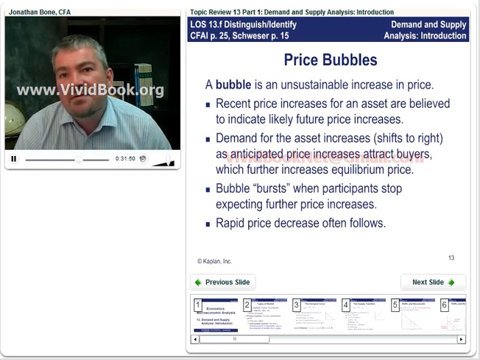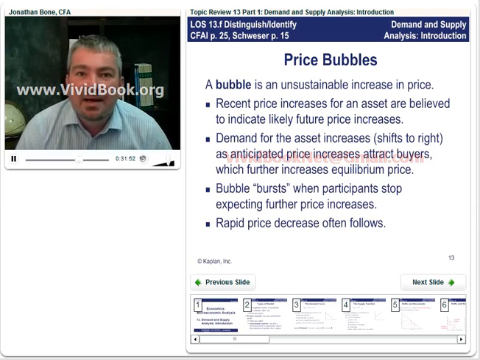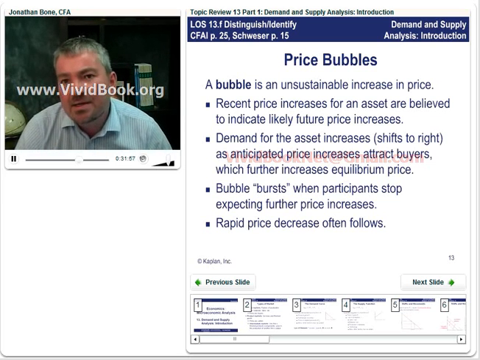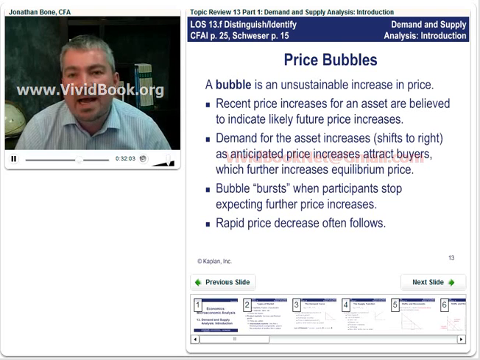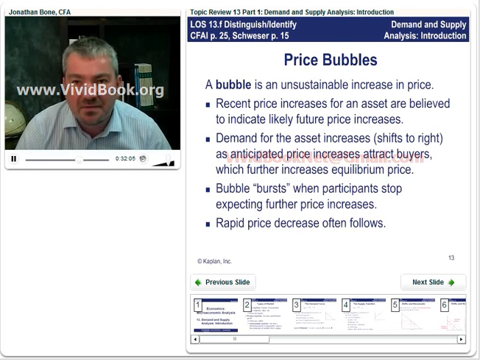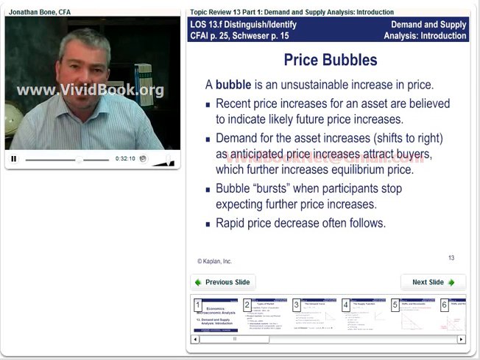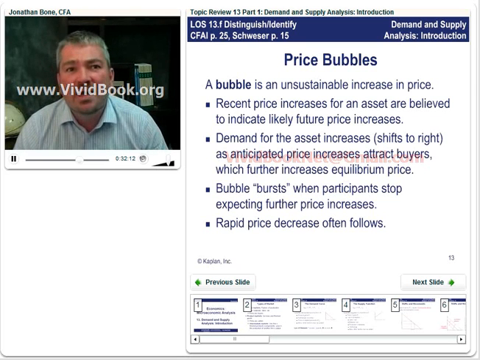Notice the demand for the asset increases as anticipated price increases attract buyers. In other words, we start to attract buyers simply because prices are rising. And that increases our equilibrium price as demand shifts further and further out. Now, of course, at some point, there's going to be a market correction because the equilibrium price no longer really reflects the utility from the product.